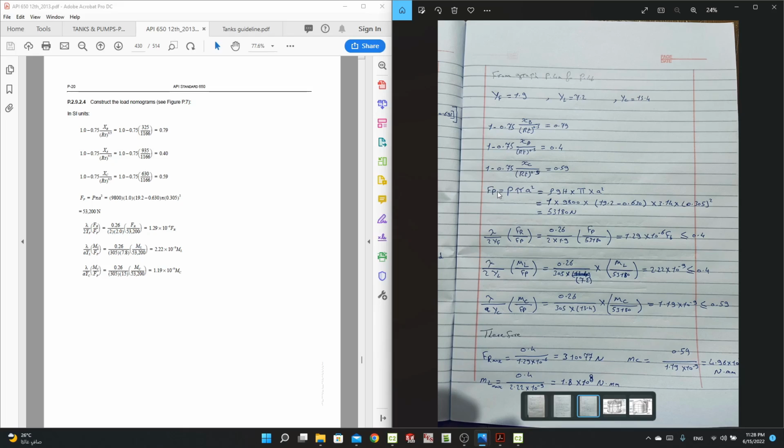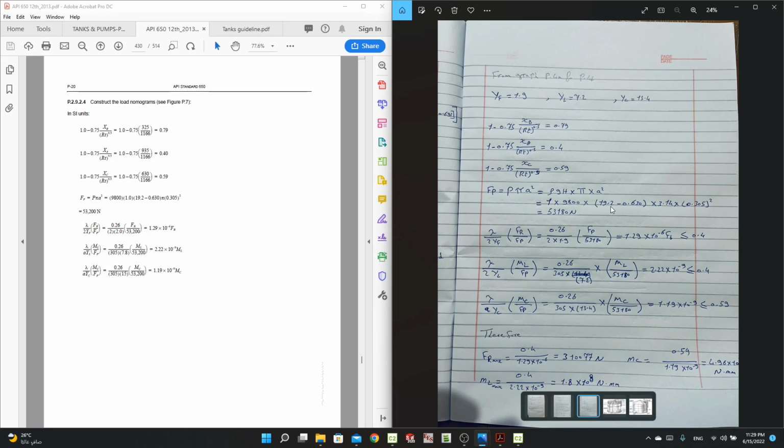Also, we calculate the pressure force inside the tank. The pressure force is the pressure inside the tank times pi times the radius of the nozzle squared, which we get as rho g h times pi times r squared. Take care that we are using Newton, so you need to use density in kilograms per meter cube, and 9.8 will be 9,800, and here we are using meters, not millimeters.